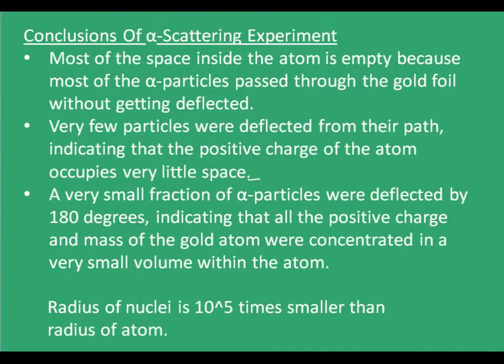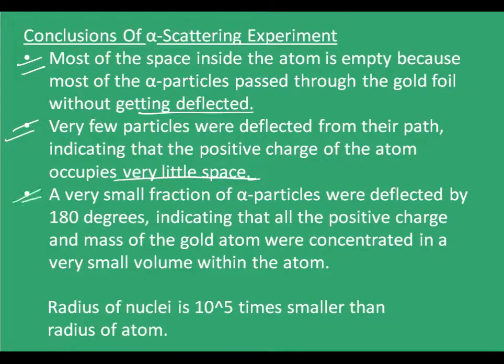Moving forward, let's now see the conclusions of the alpha scattering experiment. Point first, most of the space inside the atom is empty because most of the alpha particles pass through the gold foil without getting deflected. Very few particles were deflected from their path, indicating that the positive charge of the atom occupies very little space.